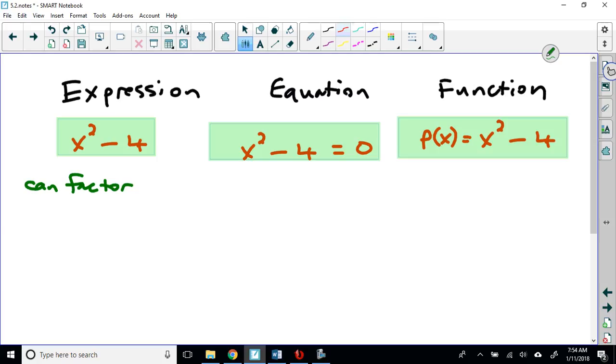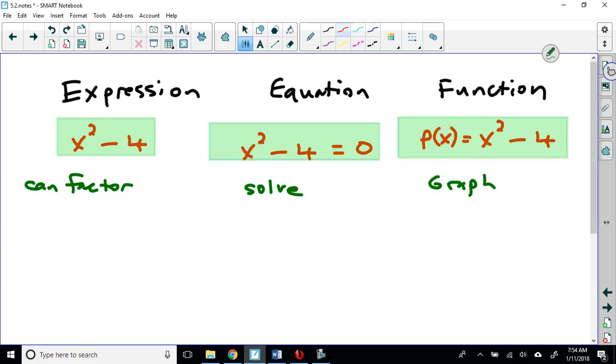And the same thing goes for these. What I'm getting at is an expression, you can factor it. Okay, you can factor an expression. An equation, we could actually factor that equation because that expression can be factored, but with equations, usually the end goal of an equation is to do what with it? Solve it. Good. So with an equation, we attempt to solve it, okay? And with a function, more often than not, we try to graph it, okay?